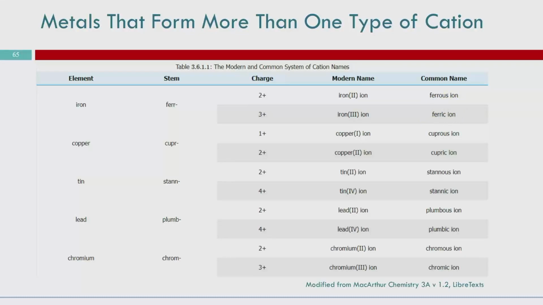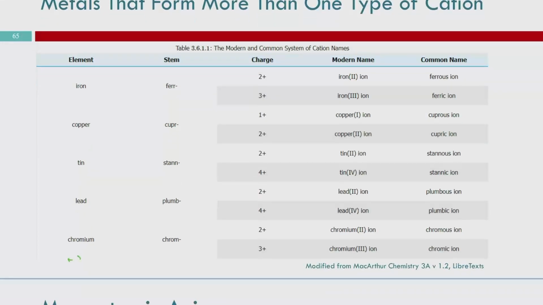So we've got the -ous ending, we've got the -ic ending. -ous is the lower charge ending, and the -ic is the higher charge ending, the higher number ending. Other than that, there's not really a pattern. So if we look at our different options, ferrous is 2+, ferric is 3+.